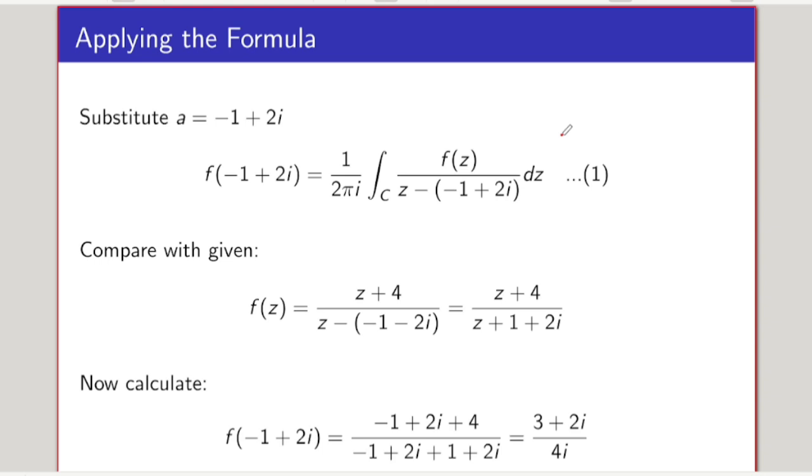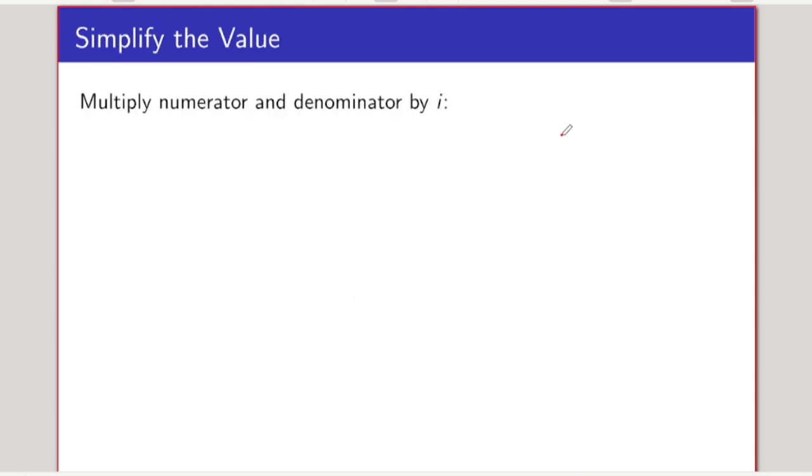Next I have to substitute. We need f(a), where a will be -1 + 2i. So I am substituting it. So I am getting f(a). In this expression I am substituting the value z equal to -1 + 2i. Wherever it is z, I have to substitute this value. Then I will get the final expression as (3 + 2i) divided by 4i.